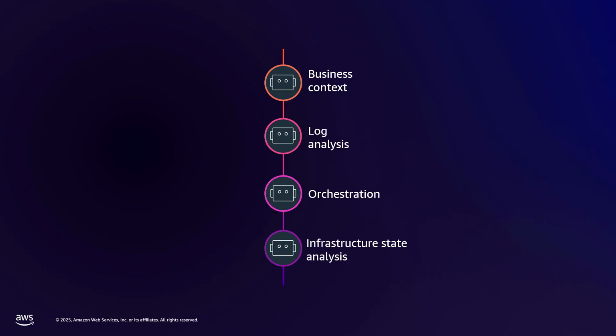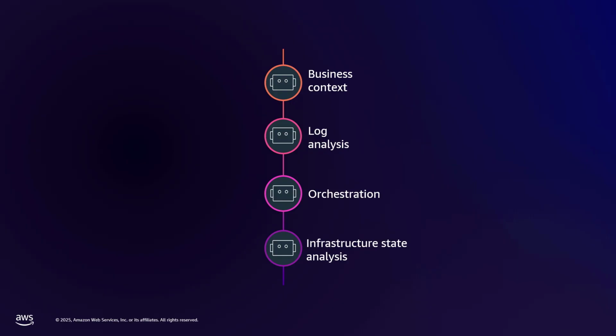So there are 4 things that we're going to go over today. Firstly, we're going to build a basic agent that just pulls business metadata based on an account number. We're going to do that just to level set to show how we're going to build a very basic agent using Strands agents. Then we're going to take the knowledge that we've acquired from that and apply it to a log analysis agent. And that's where Security Lake comes in, and we'll pull out some records and get some context out of that.